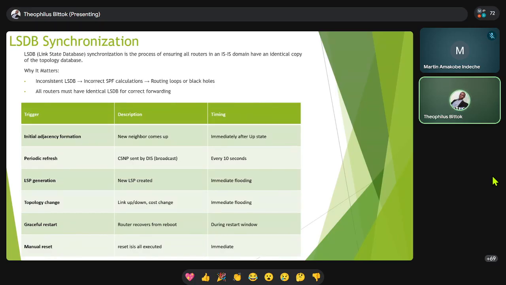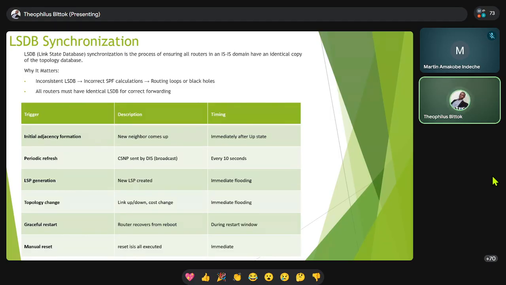Another thing that could cause the triggered synchronization is, let's say, for example, another router reboots or anything happens. So that one is actually going to force the triggered synchronization.